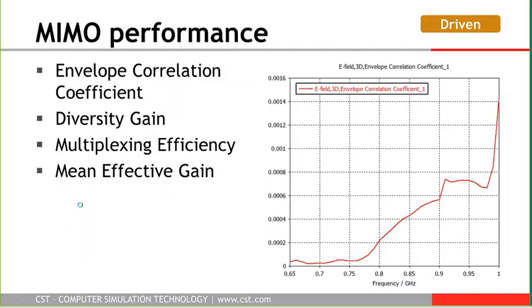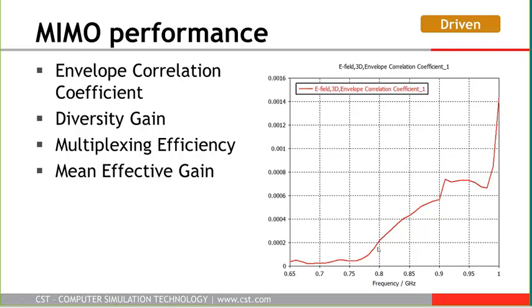Because I spoke a lot about antennas for MIMO, I would like to also show you the MIMO performance parameters. Actually, you can calculate within CST the common parameters for MIMO, like envelope correlation coefficient, diversity gain, and multiplexing efficiency. You can also take into account mean effective gain.